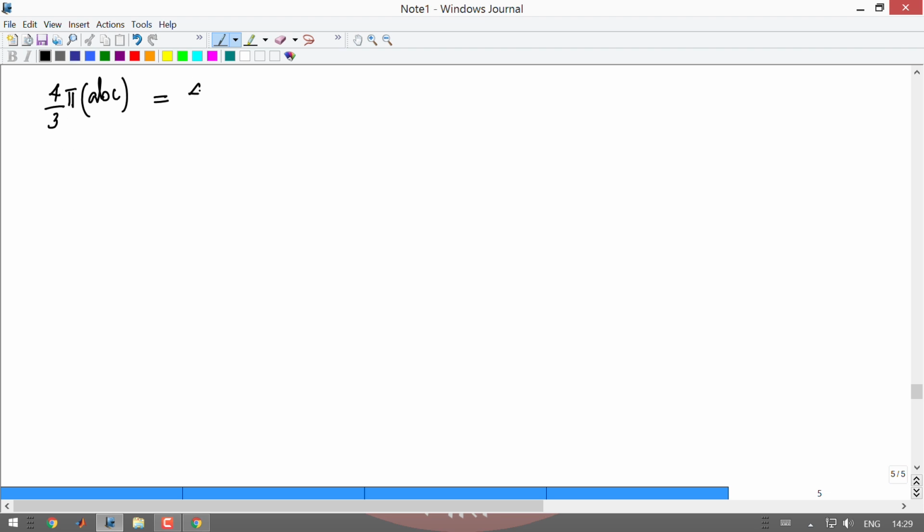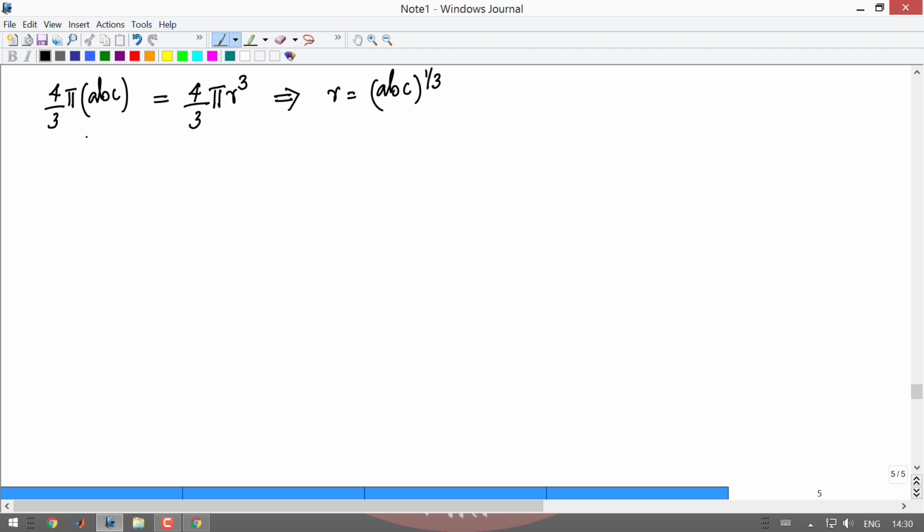It will be equal to a sphere which has a volume of 4 by 3 pi r cube. From this we will get that r equals ABC to the power of 1 by 3. So, now we will calculate the surface area of a sphere with a radius of r, that is ABC to the power of 1 by 3.